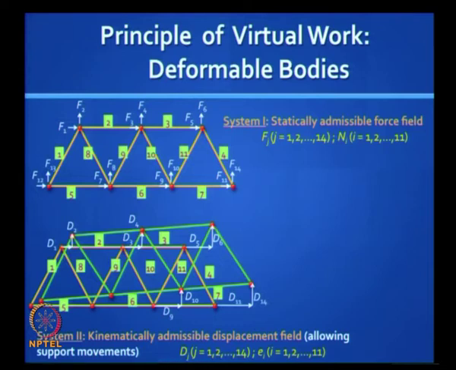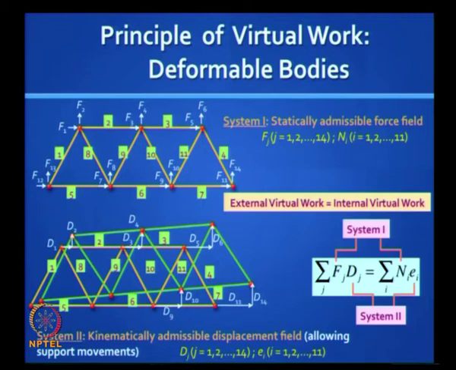Now you could have a situation where there is a cause effect relationship between system 1 and 2, but that is not necessary for the proof of this principle, and so this is a powerful principle and we will accept it for the time being without any proof, which says that if you were to multiply Fj with dj and you do it so that you have a conjugate product of Fj and dj, Fj and dj are at the same location pointing in the same direction.